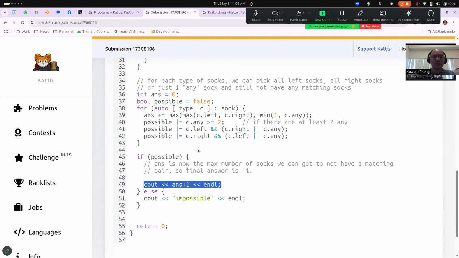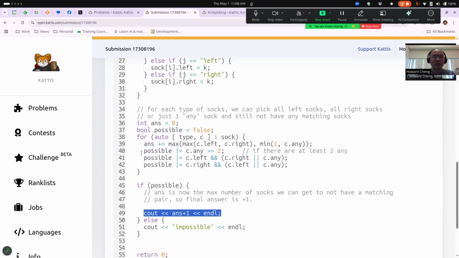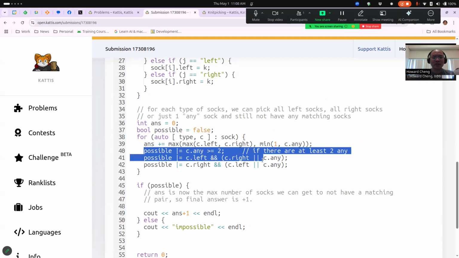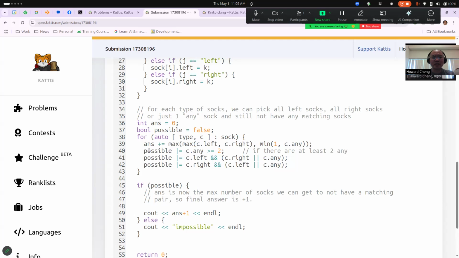Now, I also need to know if it was at all possible to find a matching pair to begin with. How do I know? At the beginning, nothing's possible. For each type of sock I check, is it possible to have actually that type of matching? So how can it be? Maybe it's because you have at least two of the any type.